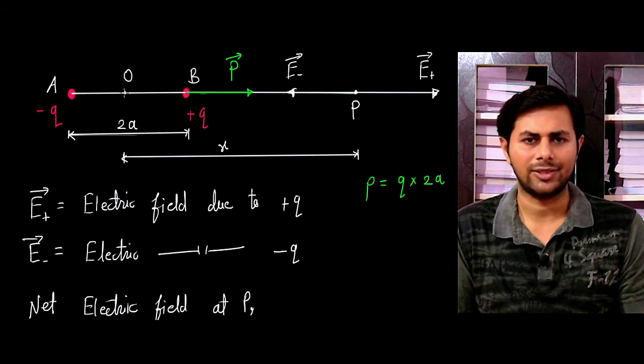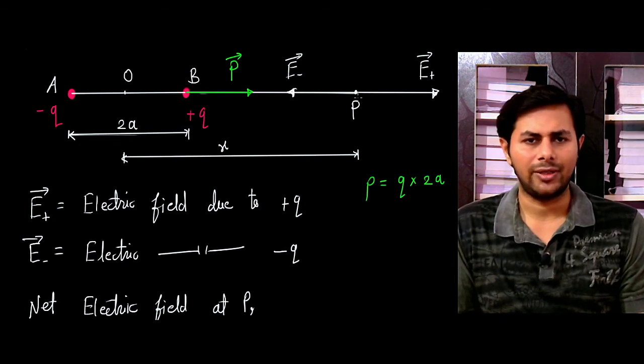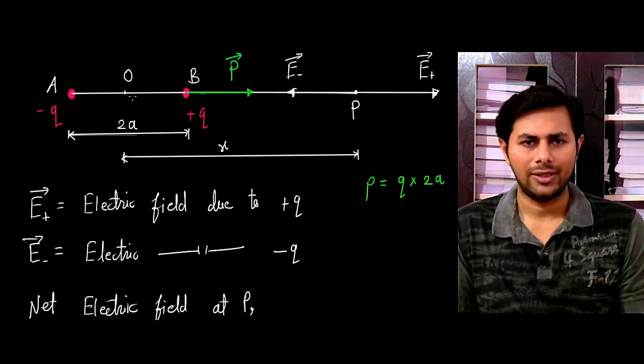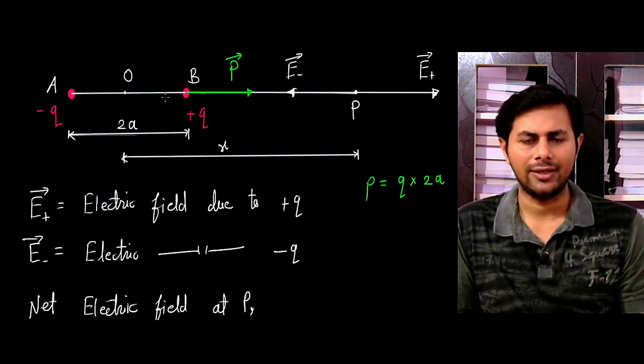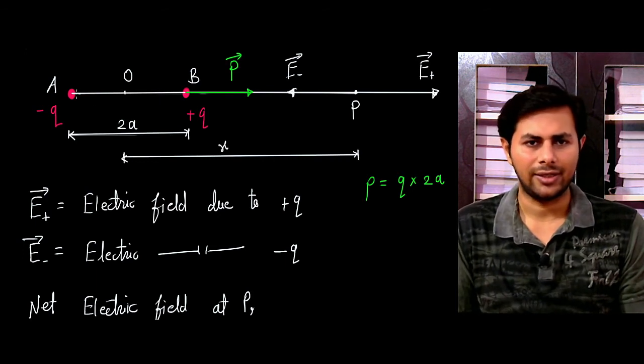Okay, so it is x minus a. And similarly, for this negative charge, the distance of point P is x plus this much distance, which is a. So R plus is x minus a and R minus is x plus a. Okay.